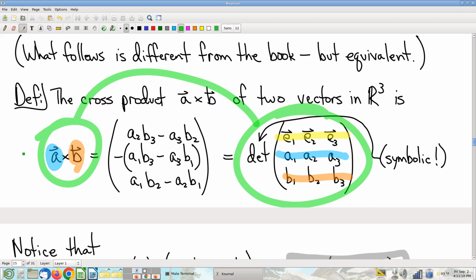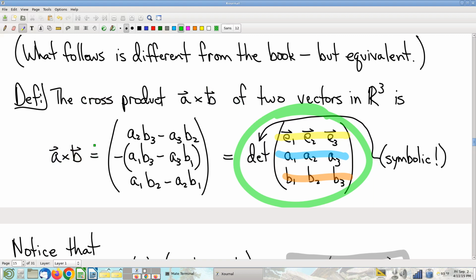Okay. I want to acknowledge there is something awkward about this formula. Oh, you have a question? Is there a cross product formula for vectors in R2? Not in R2. There's a generalization. I'm going to say there's a weird generalization of this in dimensions 4 and higher. The thing is, it's not what you call a binary product.